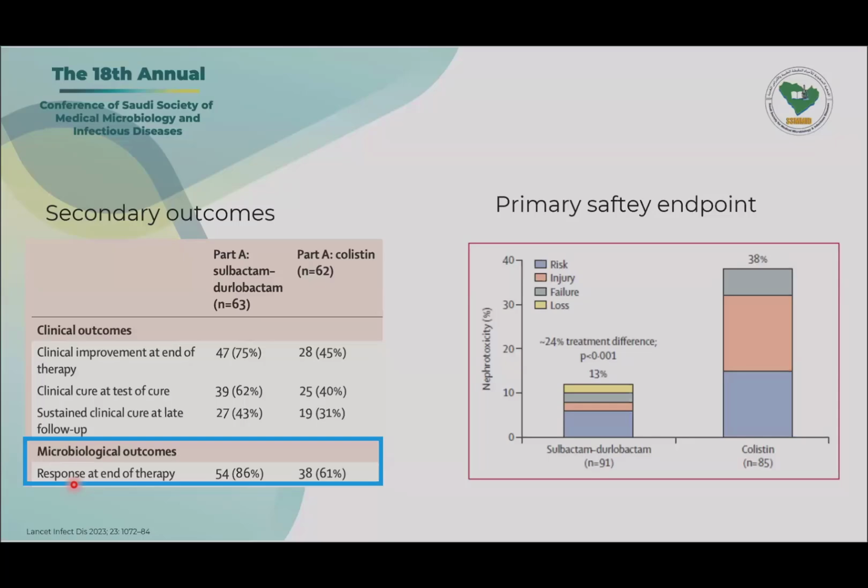Patients who received sulbactam-durlobactam had 13% risk of renal dysfunction versus 38% in the group who received colistin. So, a significant difference between the two groups in terms of renal dysfunction.